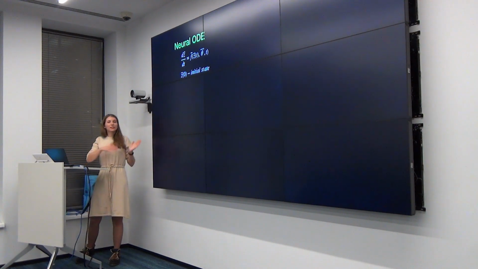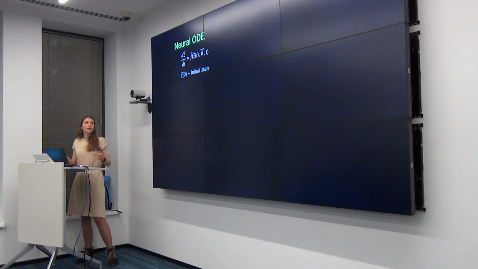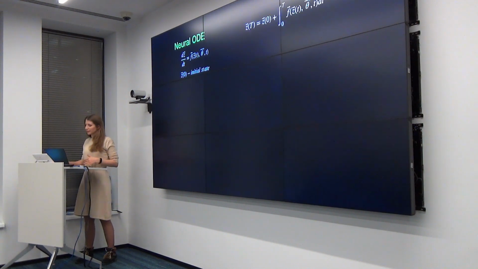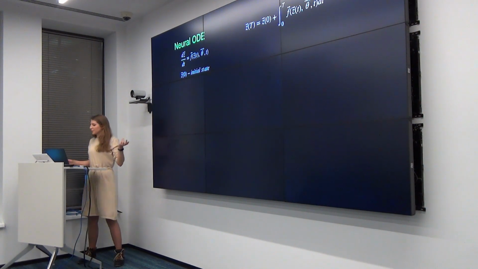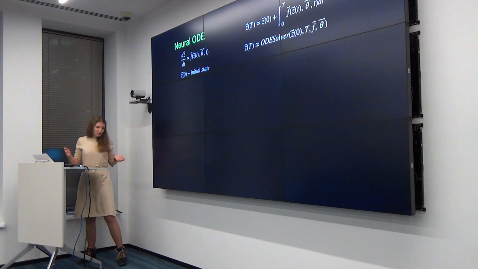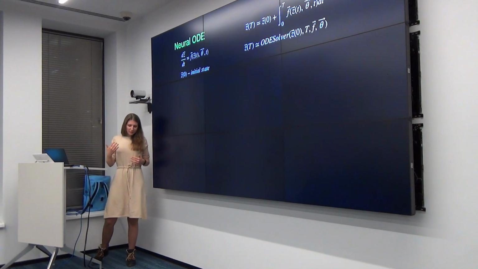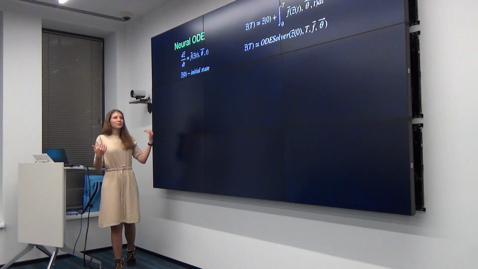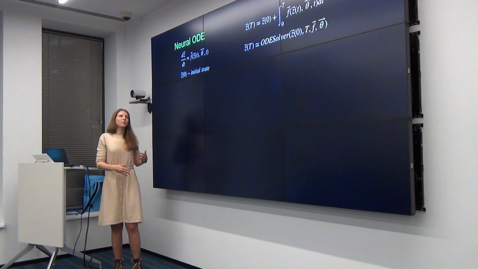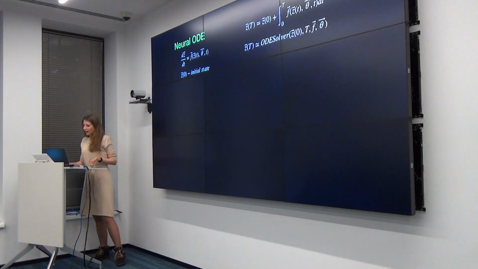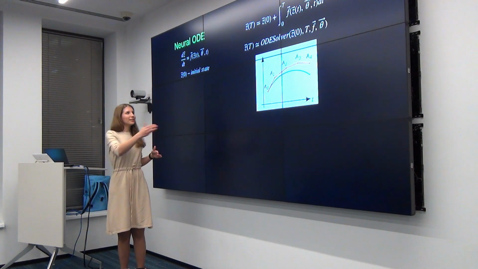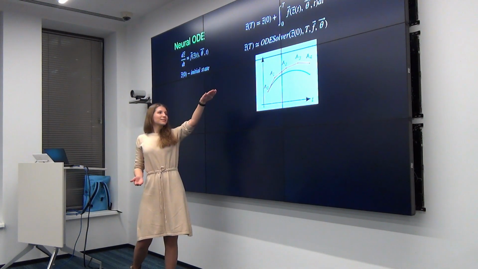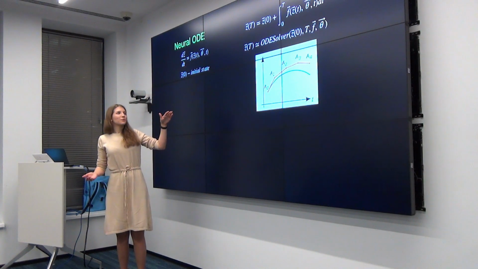We have an initial state for our differential equation, and we can find the solution at some point capital T. But we couldn't do analytical integration, so we use an ODE solver to do it numerically. And it looks like this. The blue curve is the real solution, and the red curve is the solution of our ODE solver.